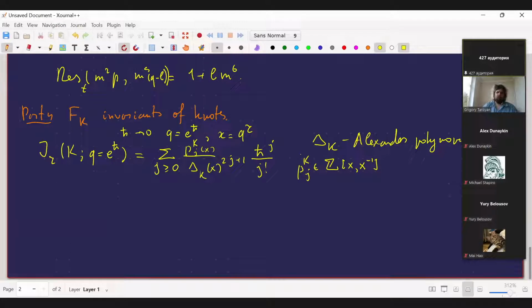Okay, so after dropping the constraint that x should be equal to q^r, we obtain a new polynomial, now in two variables, called the FK polynomial.